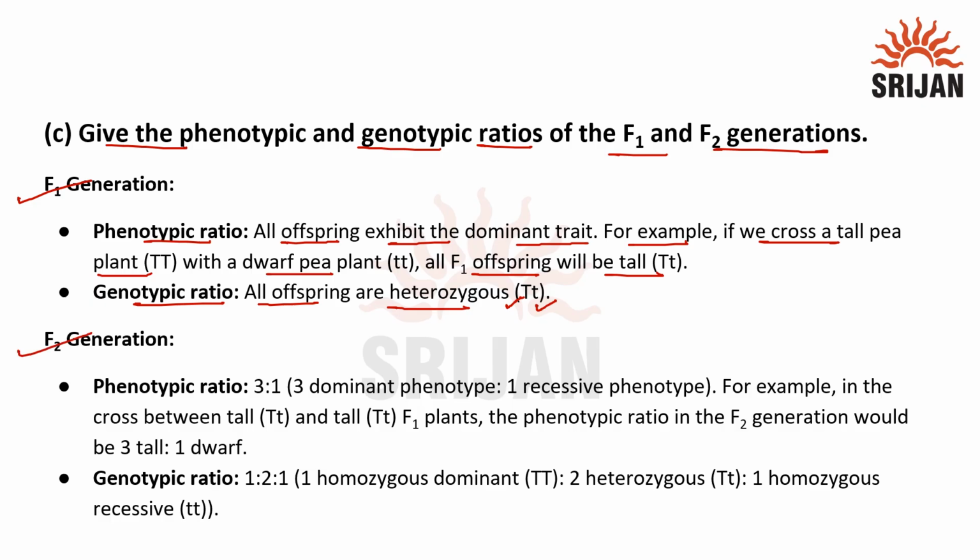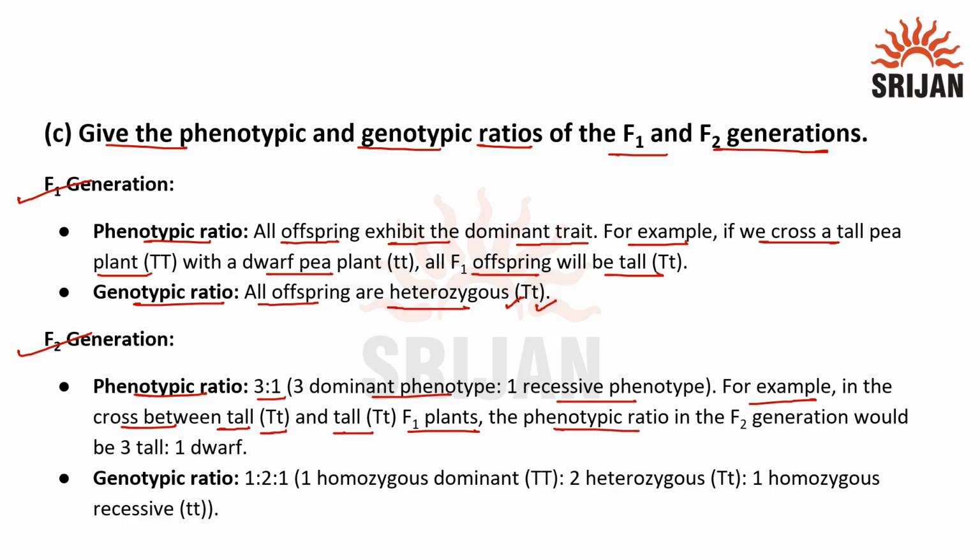Next is F2 generation. Phenotypic ratio is 3:1, that is 3 dominant phenotype is to 1 recessive phenotype. For example, in the cross between tall, that is one T another small t, and another tall, which is again one T another small t, both these are F1 plants.